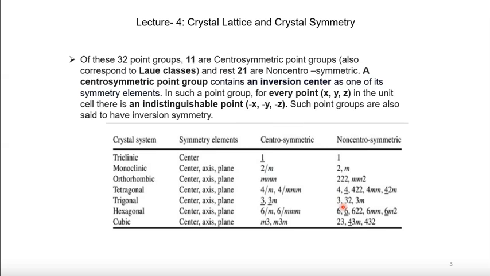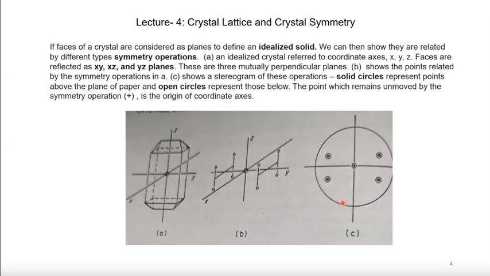Well, next slide, you see, we have to explain a little bit how we could represent these point groups in a paper. So we have to follow some rules for that. In the right one, this is a stereographic projection of a point group.